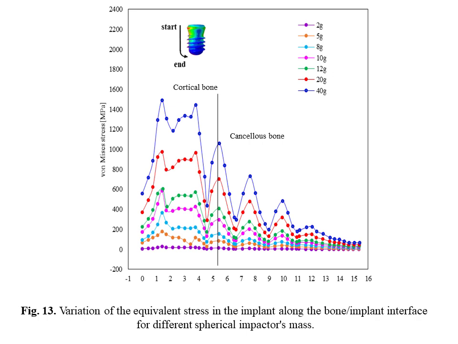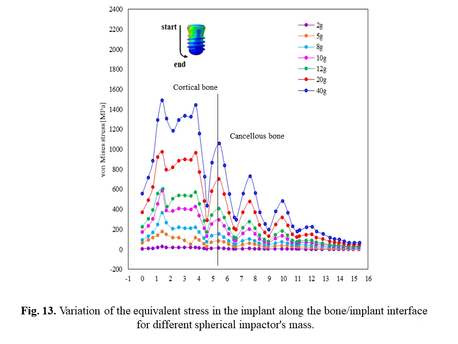It is noted that the curve of the equivalent stress exhibits fluctuations, stress peaks and low volumetric stress, corresponding respectively to the localized stresses at the top of the thread and at the bottom of the thread. The intensity of the equivalent stress increases with the impactor's mass.